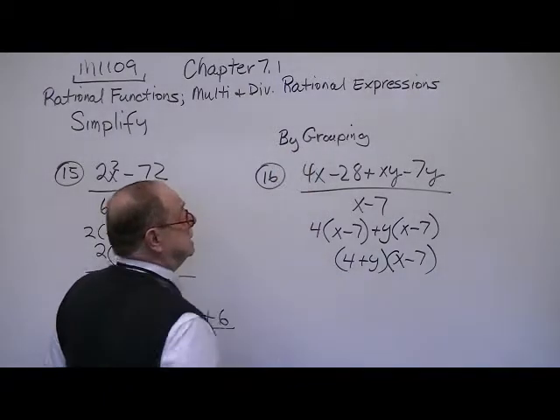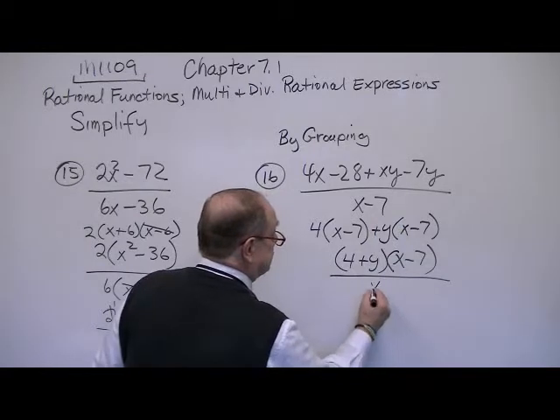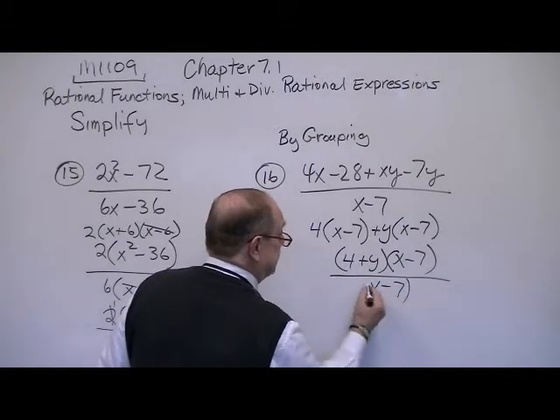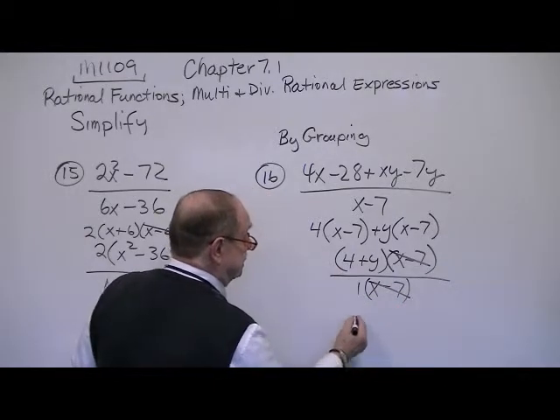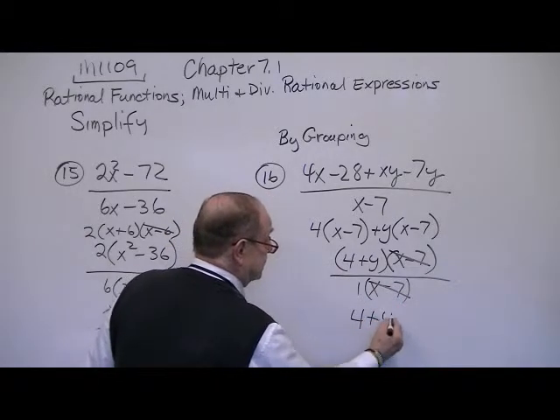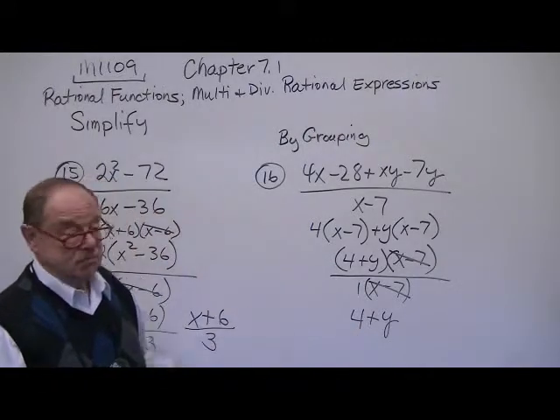Again, using that technique we had earlier. And this is all over x minus 7. So these cancel out, and our answer is just 4 plus y. Now if you had y plus 4, that's good too.